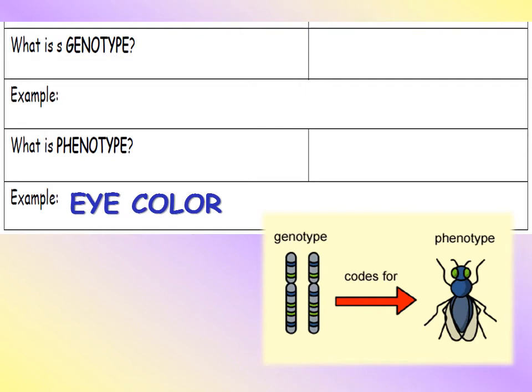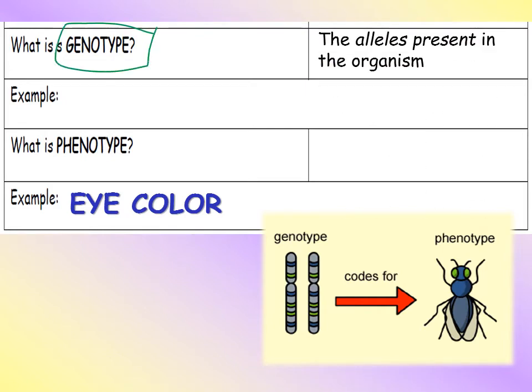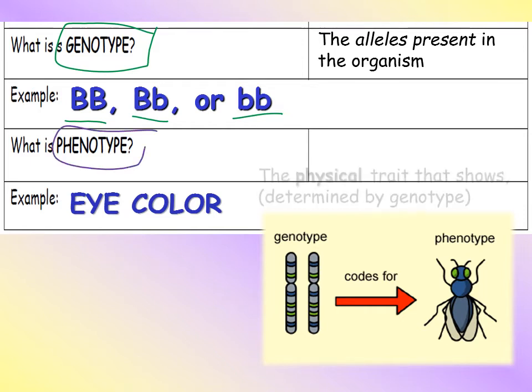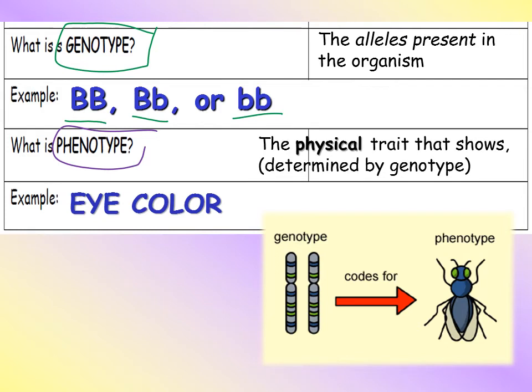Okay, so whatever alleles the organism has is called its genotype. So for instance, that could be any of those letter combinations that we talked about. Two dominant, dominant recessive, two recessives. That's its genotype, what we write letters of the alphabet for. Phenotype is what physically shows up in the organism determined by its genotype.